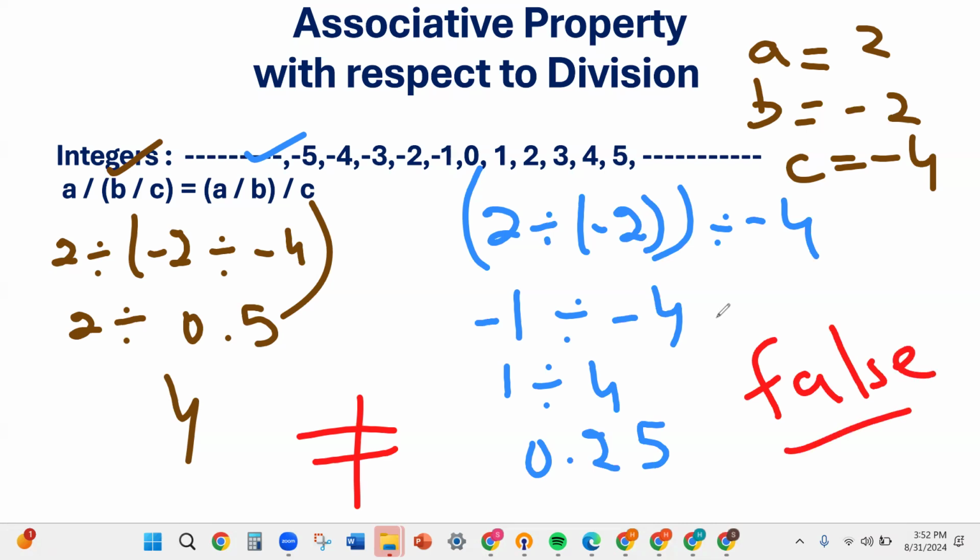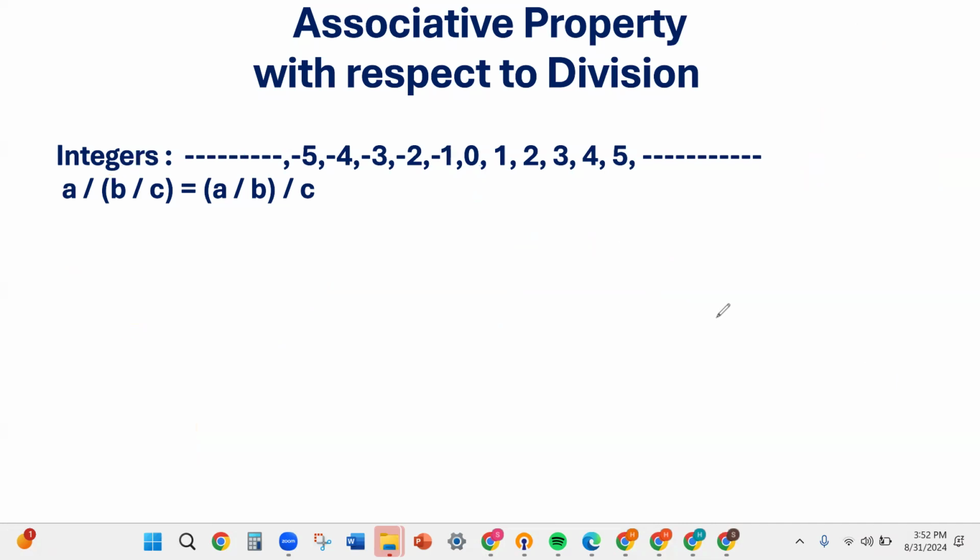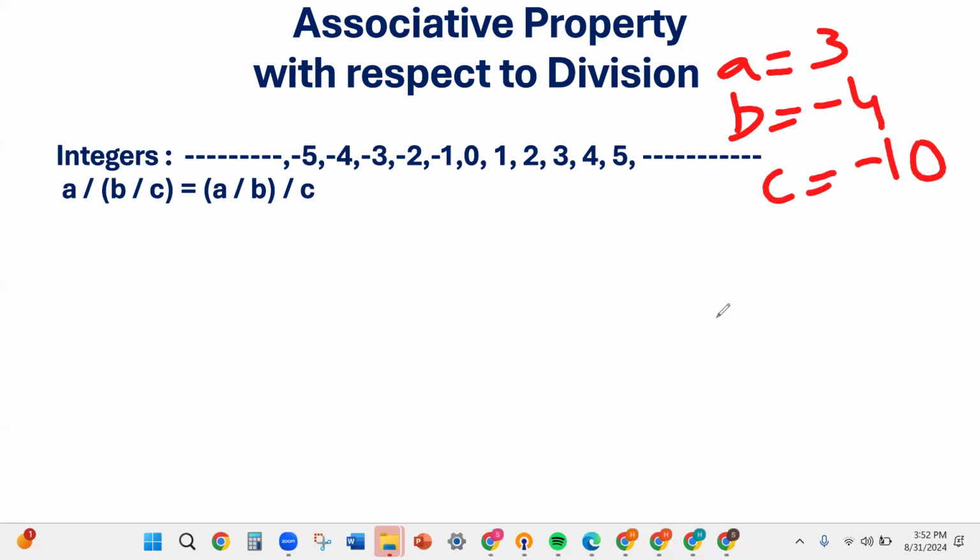Let's take one more example of associative property with respect to division in the set of integers. A is equal to 3, B is equal to minus 4, and C is equal to minus 10. This we have taken from the set of integers. So now let's substitute in the property.